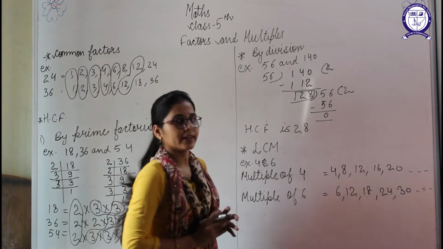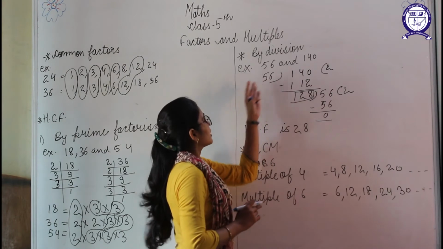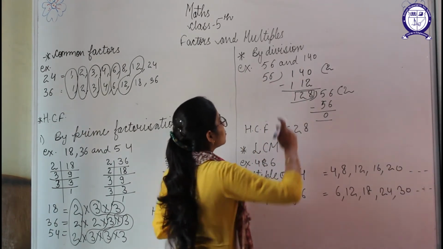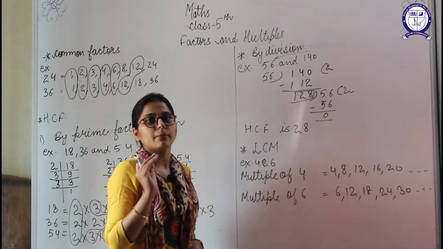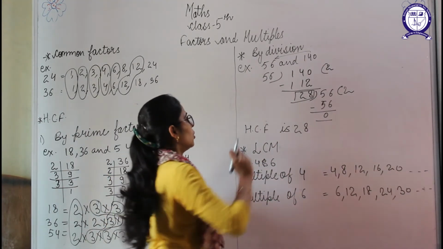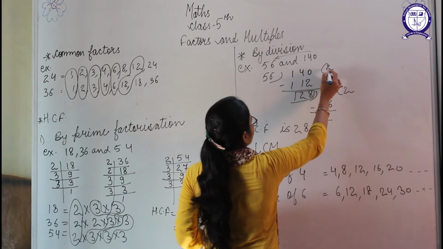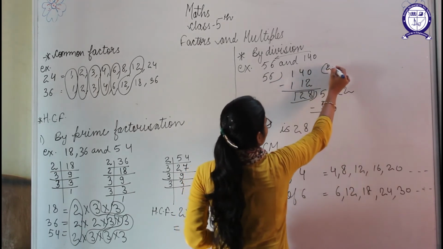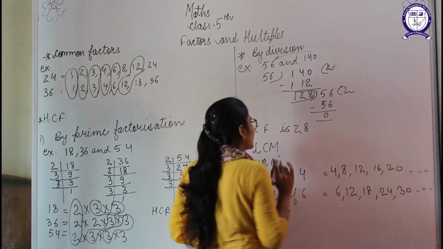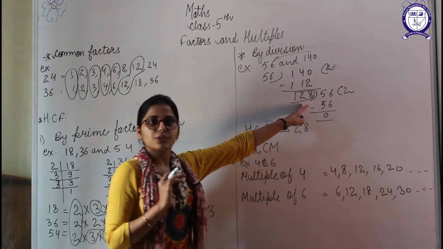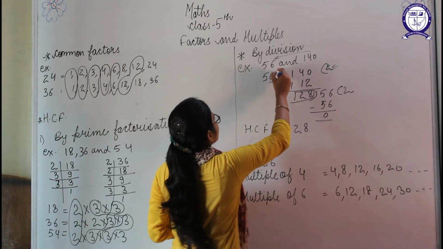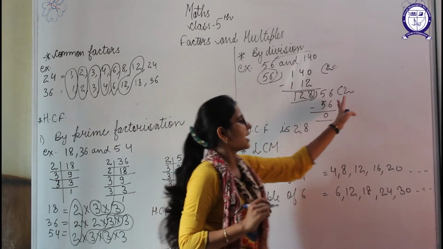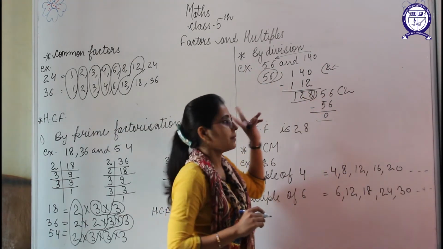Now by the division method, how to find it out? We have an example of 56 and 140. You just divide the larger number by the smaller number till the remainder becomes 0. So when we divide this by 56, the quotient will be 2 and the remainder will be 28. Then you have to take the remainder as the divisor and the previous divisor as the dividend, meaning these will be interchanged.